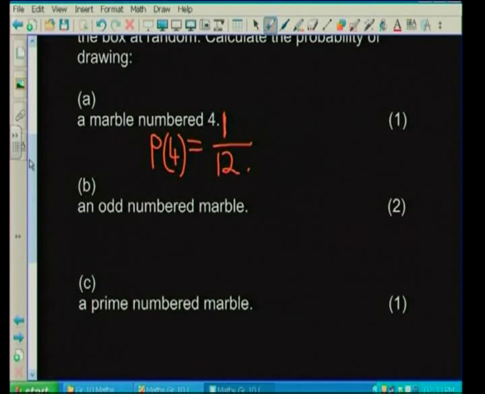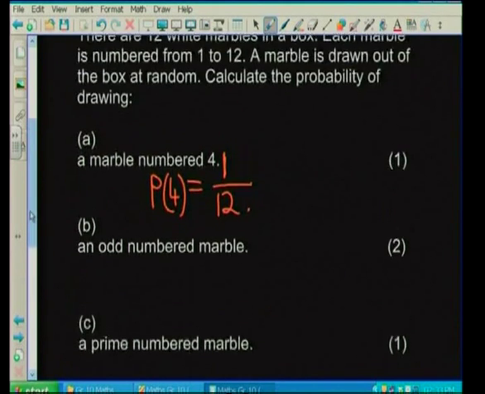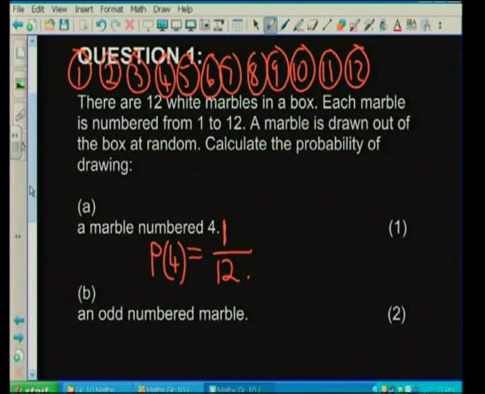Let's have a look at the next question. The next question asks us for the probability of drawing an odd numbered marble. So let's go back to our marbles and have a look. I have 1, 2, 3, 4, 5, 6 odd numbered marbles.